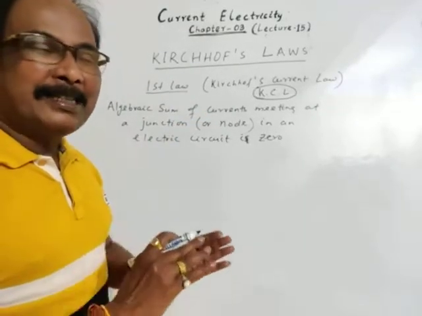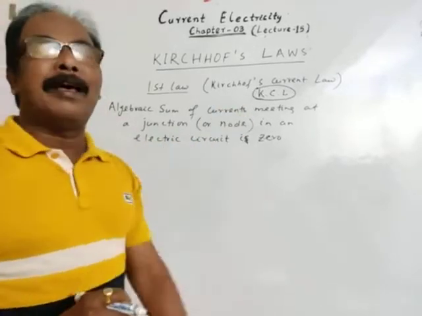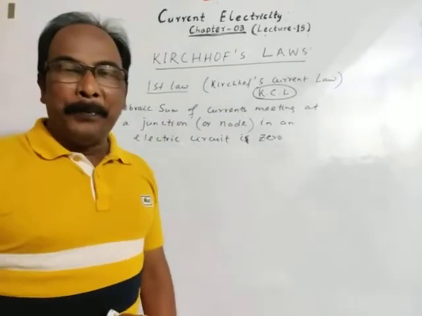Algebraic sum of currents meeting at a junction or node in an electric circuit is 0.